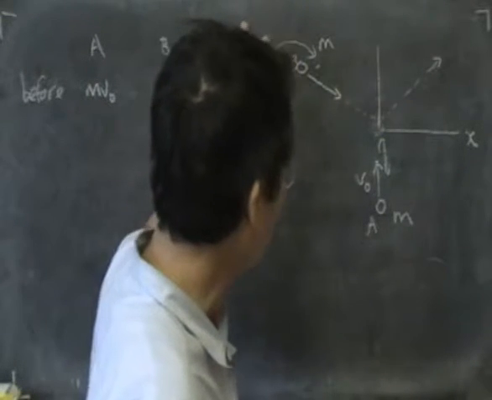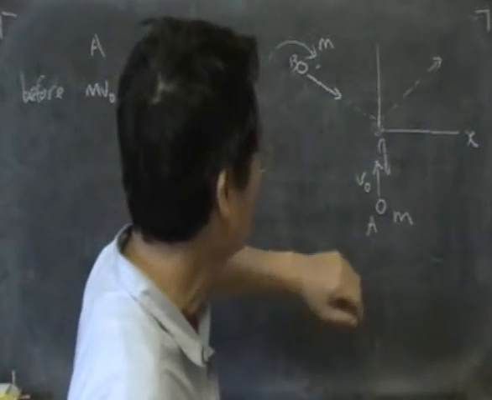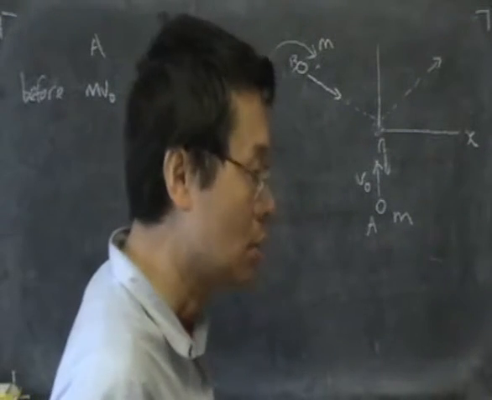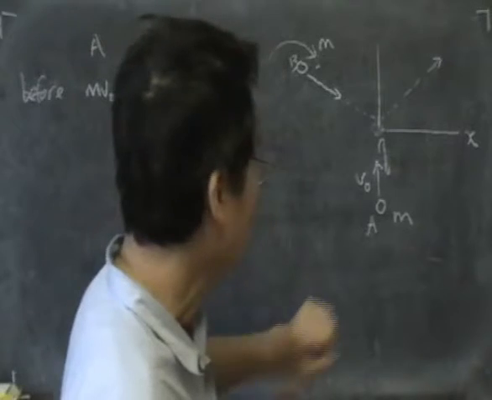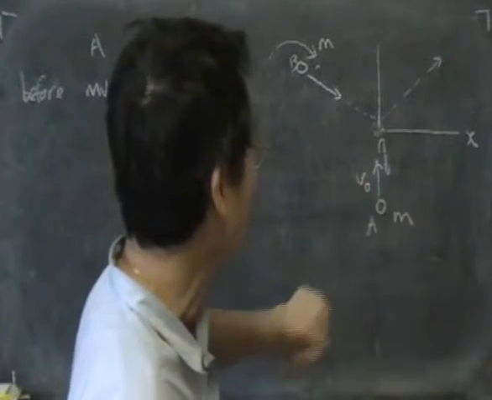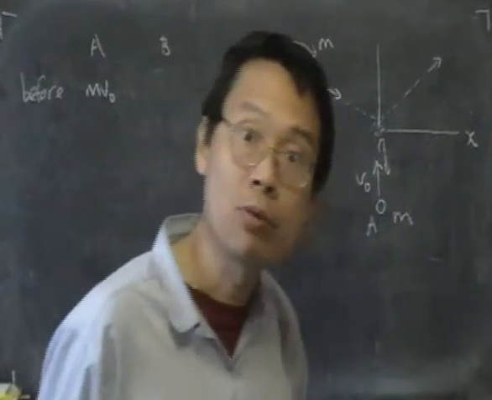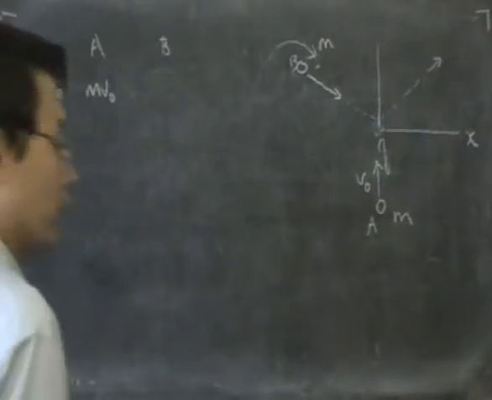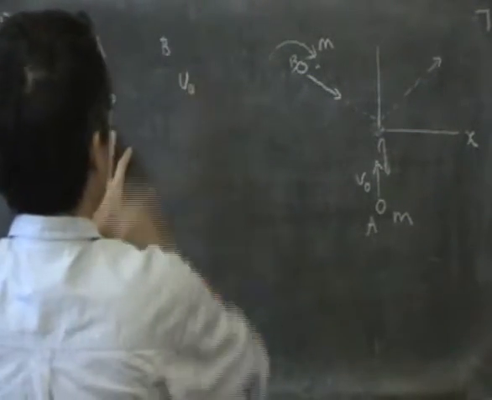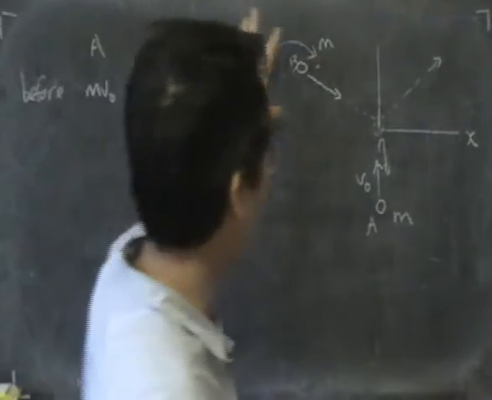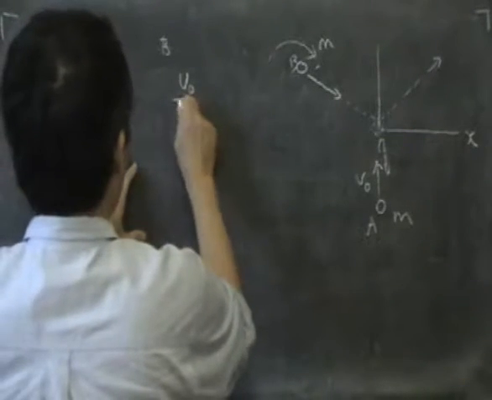So in the frame that moves with B, the velocity of the ball will be v0. But an observer in the frame that moves with A would think that the ball in B's frame is moving more slowly. Slowly by how much? v0 would be the velocity of the ball in the frame that moves with B. It will be slower by v0 over gamma.